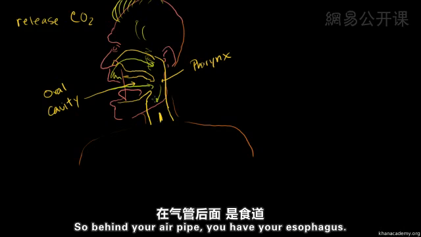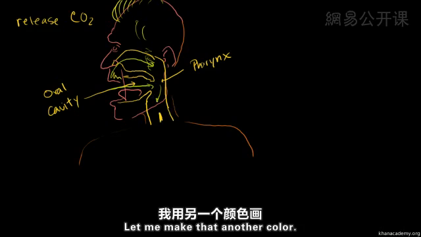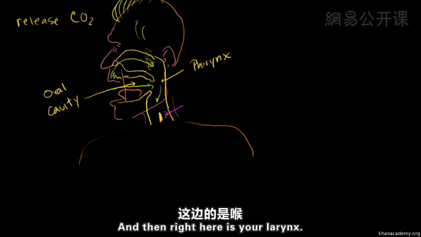So behind your air pipe, you have your esophagus. Let me make that in another color. So this right here is your esophagus. And then right here is your larynx.